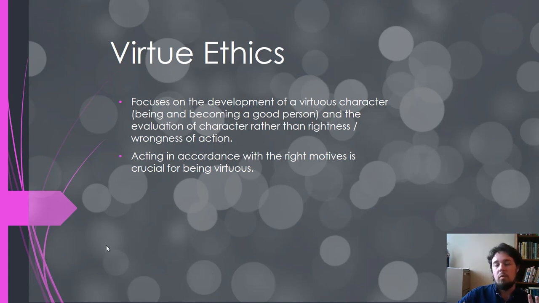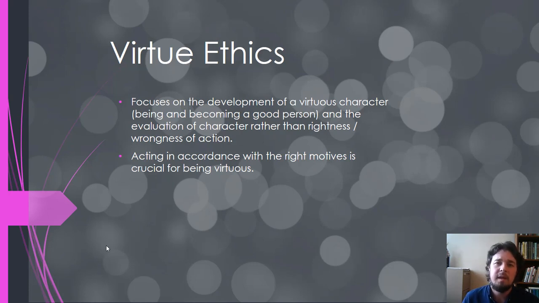Now, if we want to take a fundamentally different approach from all that, we get virtue ethics. Virtue ethics focuses not so much on the rightness and wrongness of action, but rather the goodness or badness of character. It focuses on the development of a virtuous character and how we can evaluate how good a person is.